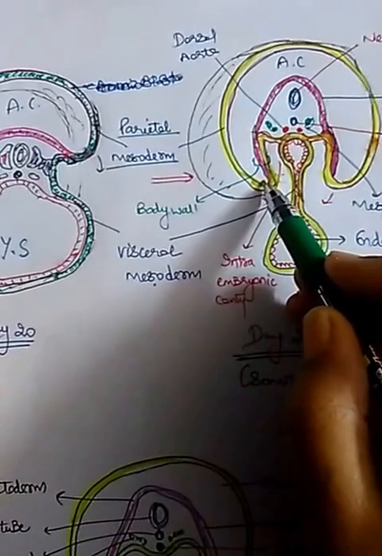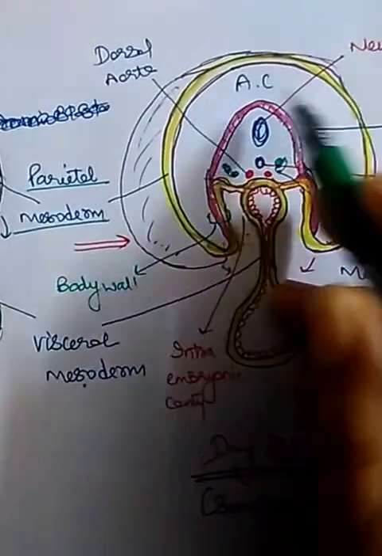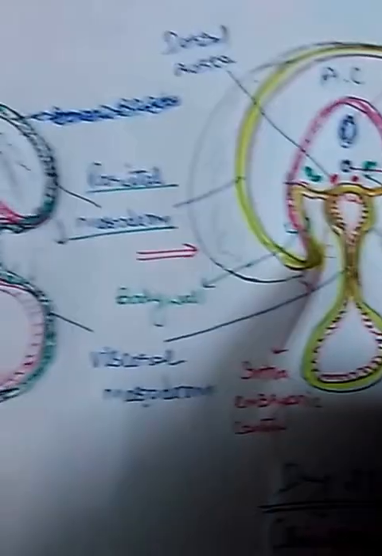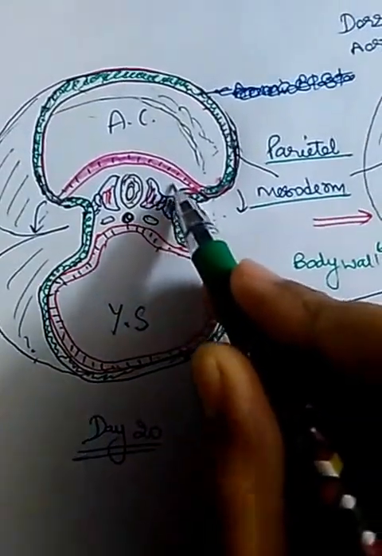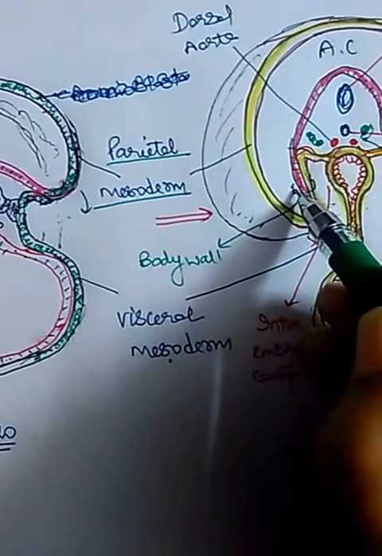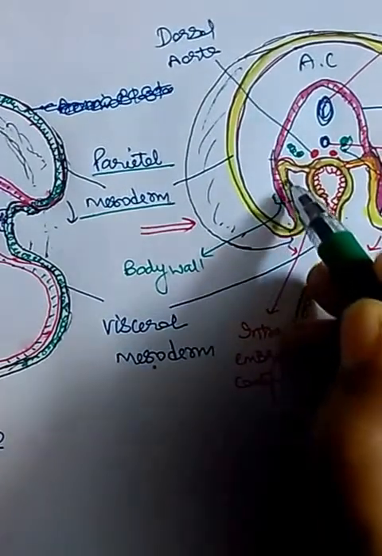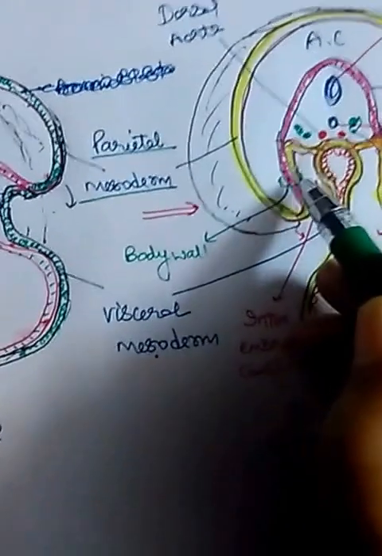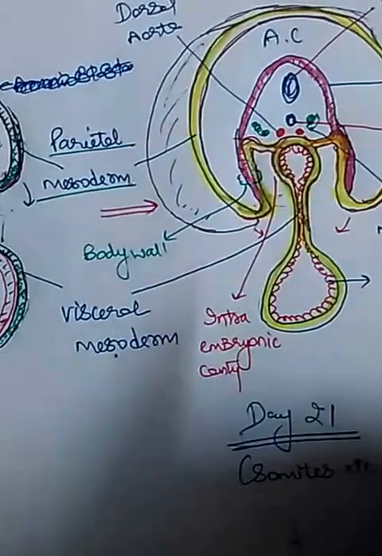Now see, here is the pink part, it is ectoderm, and supposing I fold it like this, what will happen? This part will get more adhered here. So this parietal layer of mesoderm along with overlying ectoderm on both sides forms the lateral body wall folds.